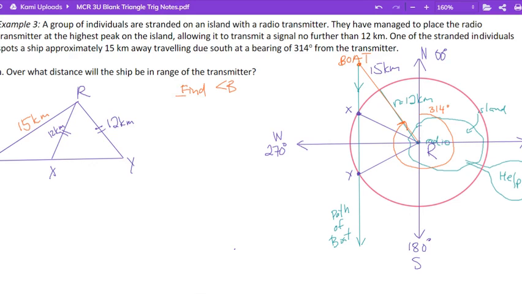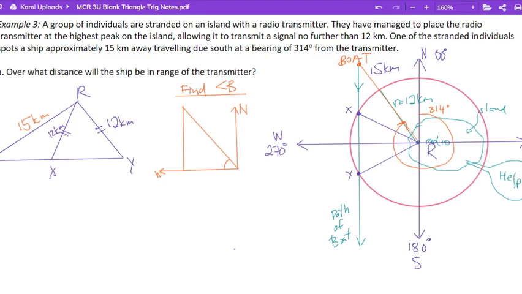Find angle B. If I look at the west direction and here is my north direction, what I want to find is this little angle: 90, 180, 270.